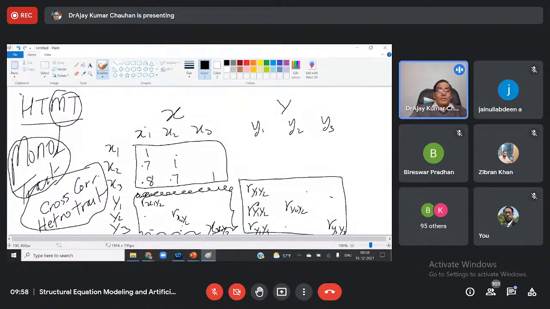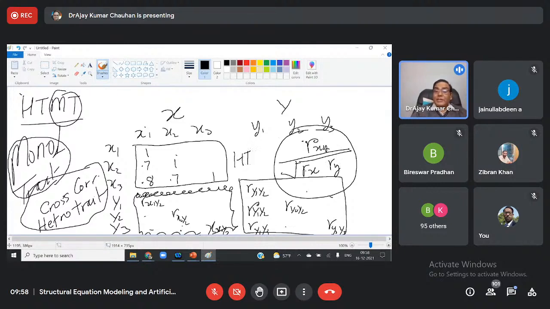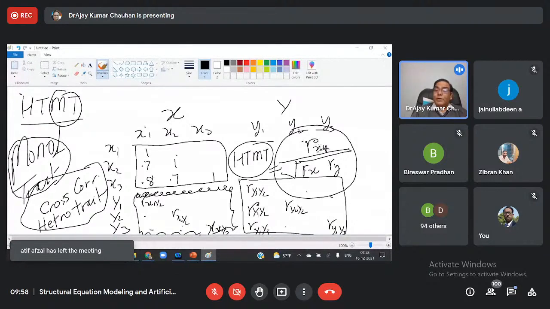After calculating that, we take the ratio: the correlation between X and Y upon the square root of the correlation within X and the correlation within Y. This ratio is known as the HTMT ratio. You can see that the heterotrait is in the numerator and monotrait is in the denominator.